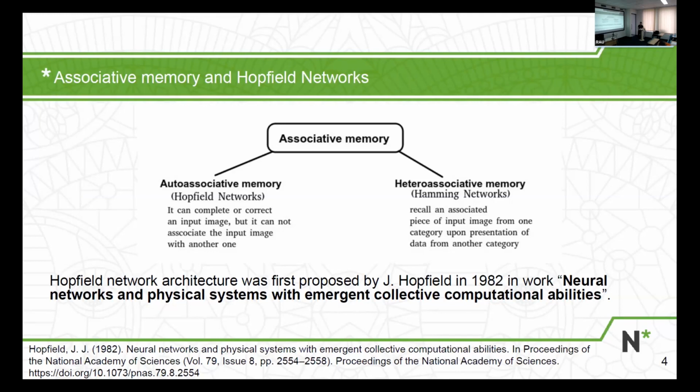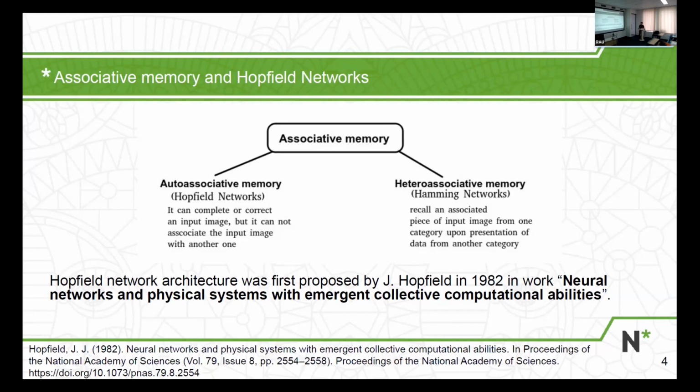In terms of associative memory in neural net models, there are two types of it: auto-associative memory and heteroassociative memory. Auto-associative memory can complete or correct the input image, but it cannot associate the input image with another one.